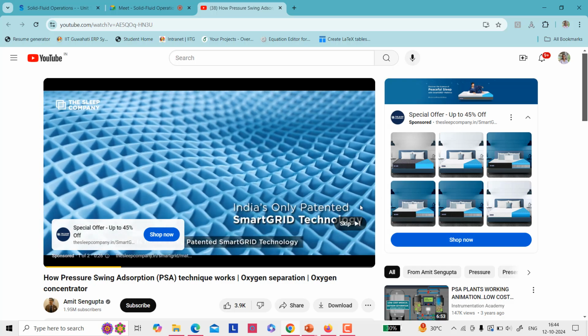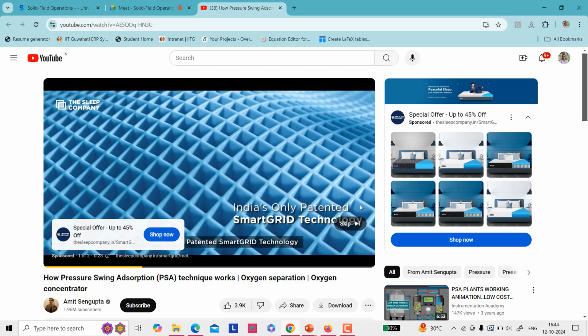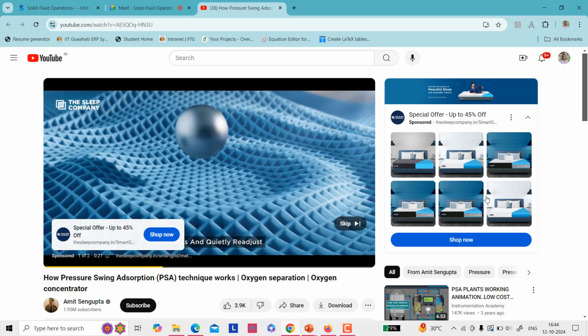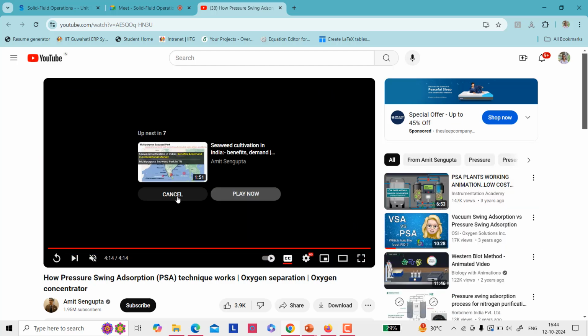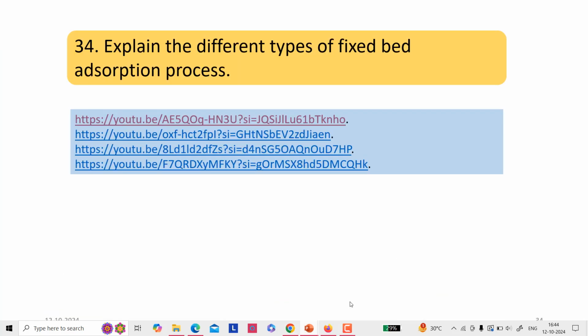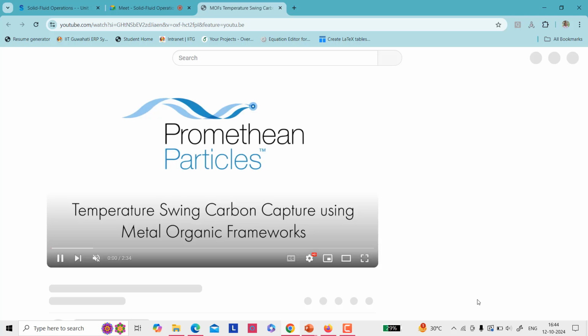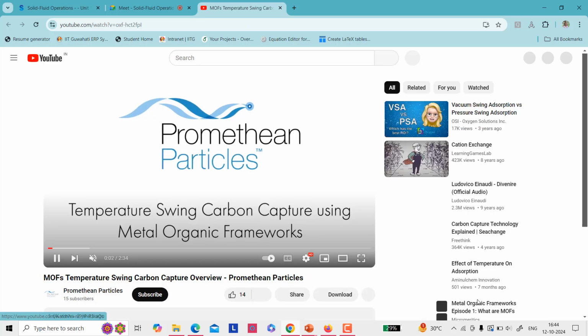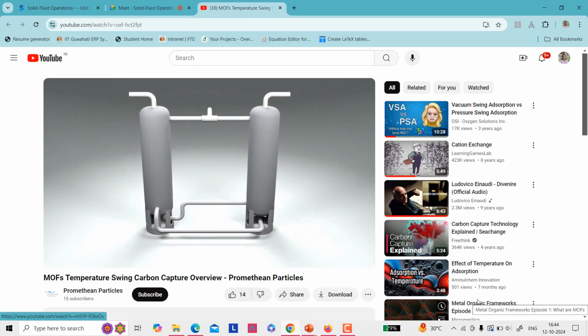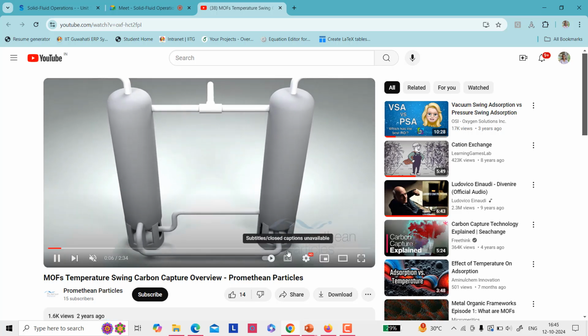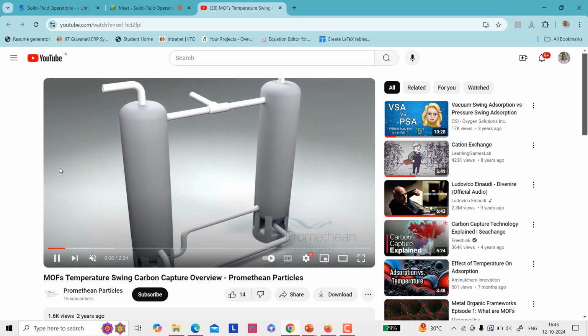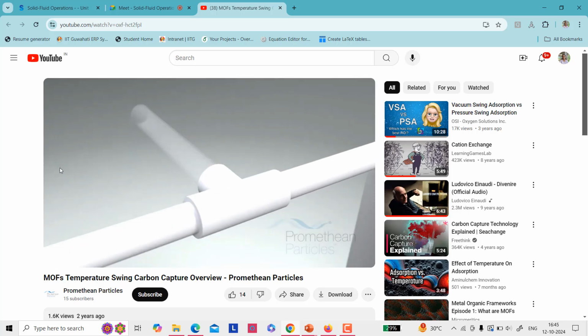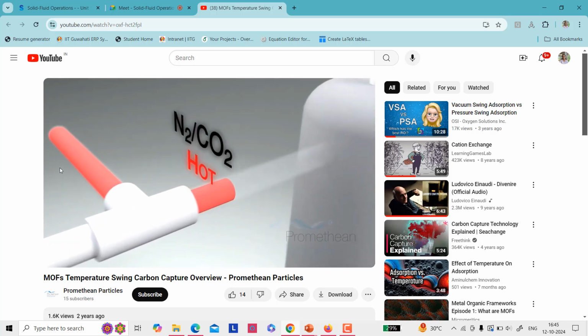Next. This is the temperature swing. Hot nitrogen and carbon dioxide are coming in, heat transfer is happening, and it becomes cold.